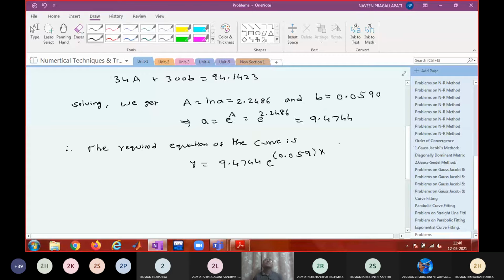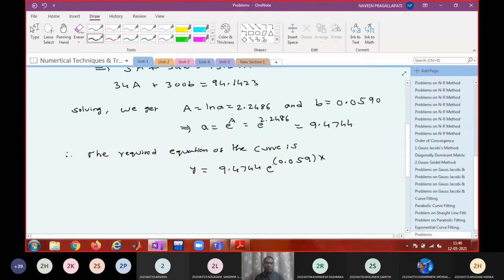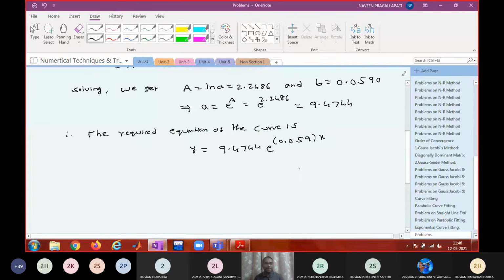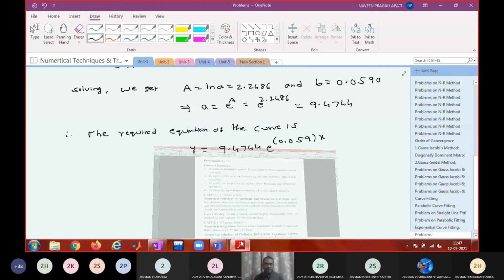So do you understand this procedure? Even if the curve is other than the polynomial, you can bring it to one of the standard forms like straight line or parabolic and find out the unknowns. Shall I proceed? Yes, sir.